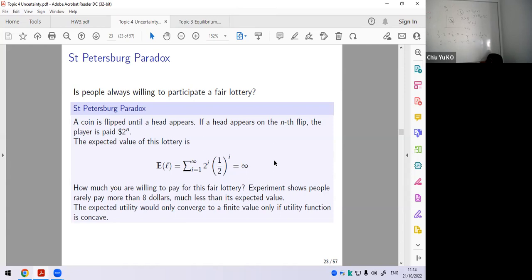So it must be the case that one of the ways to explain why you don't pursue the lottery is that your utility to a high outcome is not linear. Of course there are 2 ways to explain this. One way is that U of A is not linear.